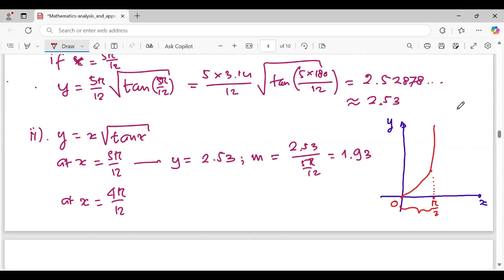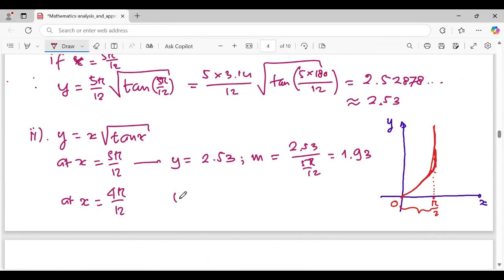This graph is actually a straight line going downwards. At x equals pi over 2, look at this straight line, the graph is becoming less and less, toward 0. It decreases.